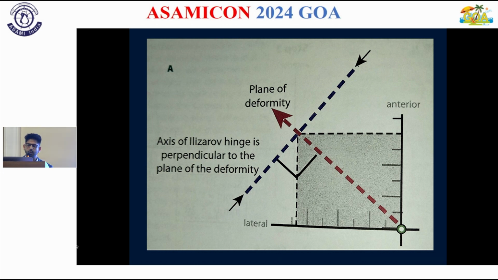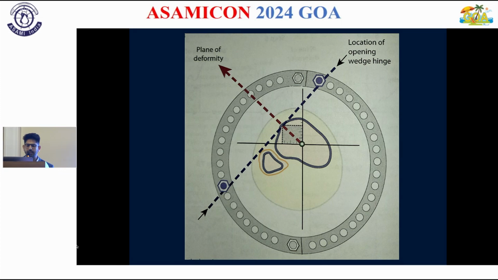Then the meeting point will be the plane of the deformity, so the application of hinges would be perpendicular to this plane. If there is an anterolateral deformity in an oblique plane, the plane of the deformity would be somewhere on the anterolateral side, and the hinge placement would be perpendicular to it. So in an oblique plane deformity, the important thing is the placement of the hinge. Making a triangle onto the other side, the motor unit would be somewhere around here.